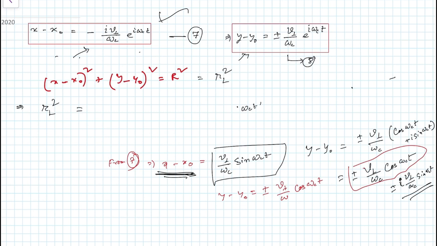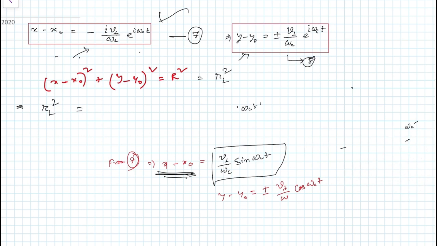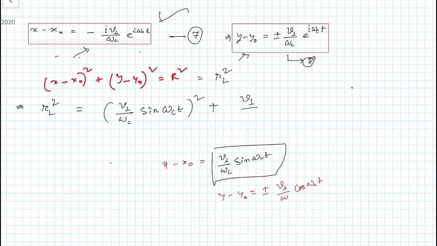Now let me clean this a bit. Using these two values of x minus x naught and y minus y naught in this equation, we will get r L square equal to v perpendicular by omega c sin omega c t whole square plus v perpendicular by omega c cos omega c t whole square.